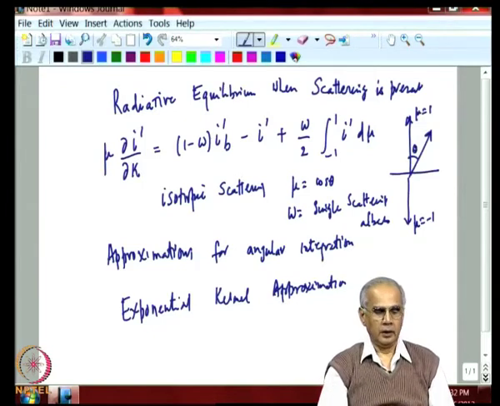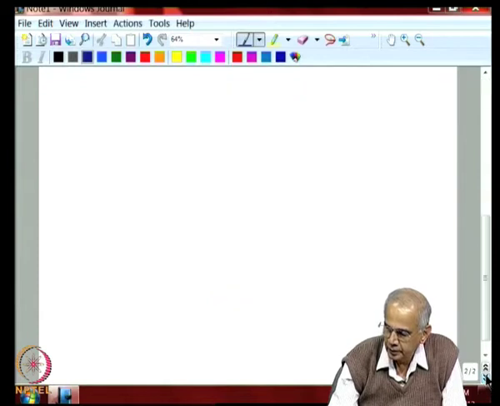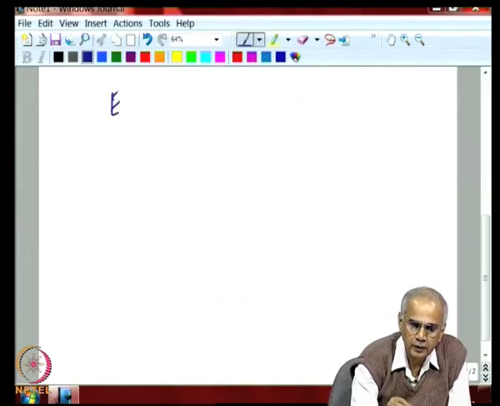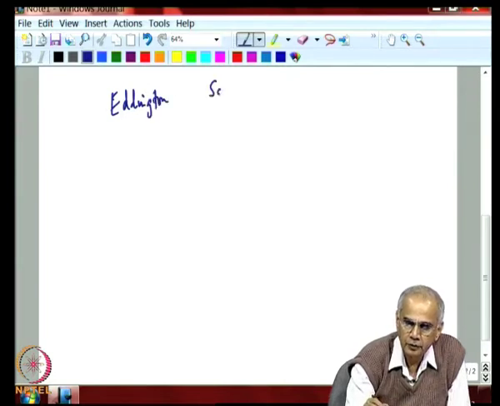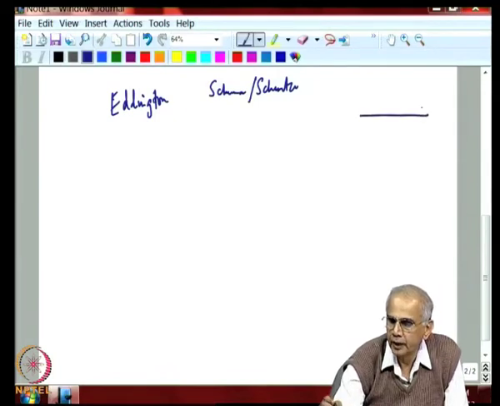Okay. Now, one well known approximation, which is attributed to Eddington in some books, or to Schuster and Schwarzschild in some books, involves assuming that the radiation is isotropic, but the upward and downward intensities are not equal.